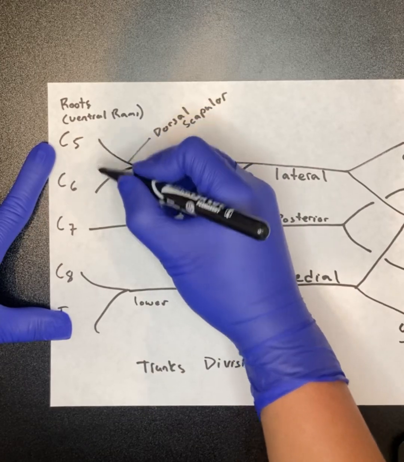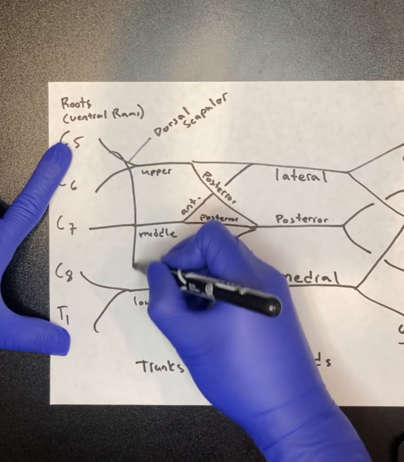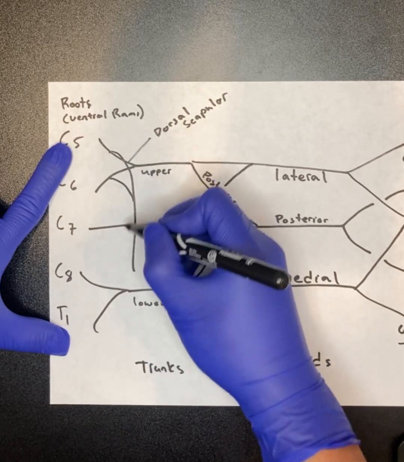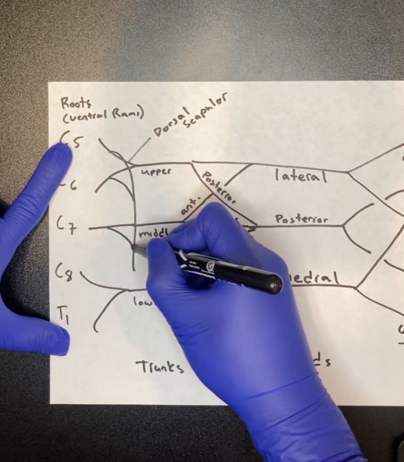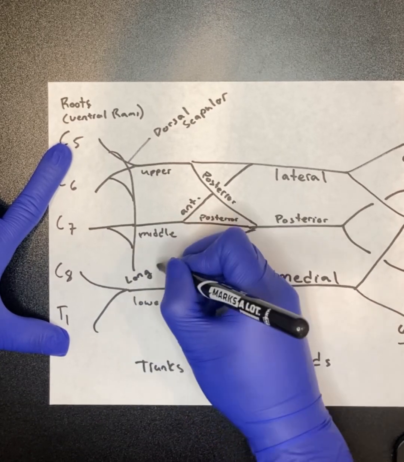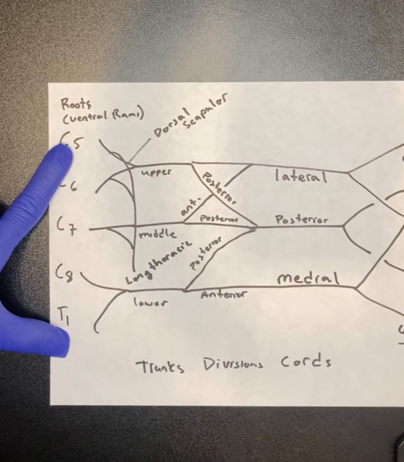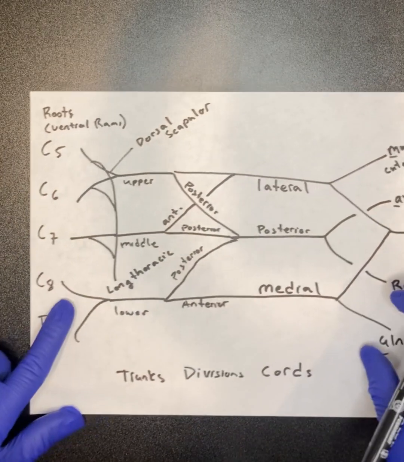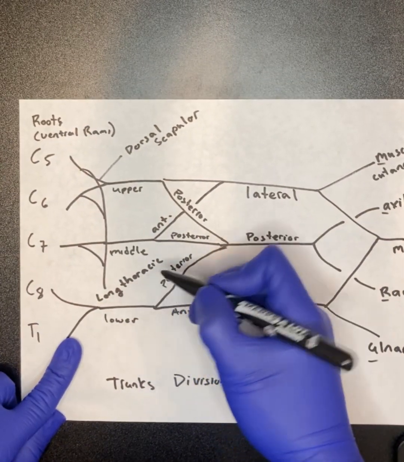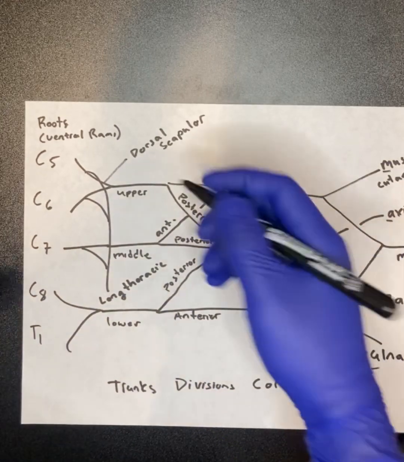Now, from C5, C6, and C7, there's going to be a nerve that arises from those 3 to innervate the serratus anterior. That is the long thoracic nerve. Coming back up, the long thoracic again will innervate that serratus, allows that upward rotation of the scapula.